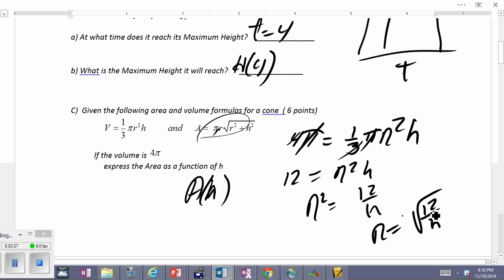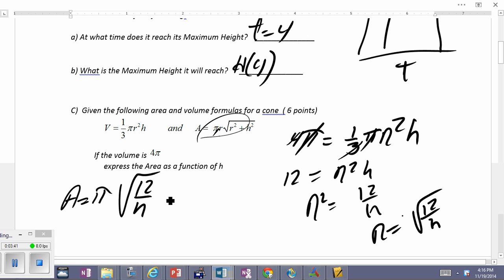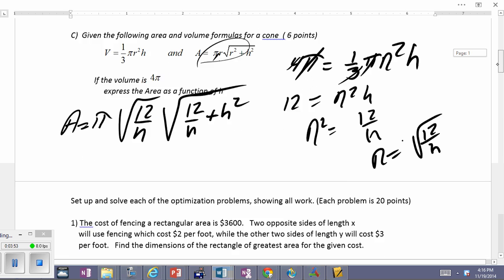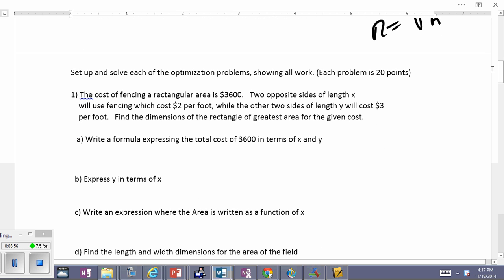It looks like we have in our area formula both r and r squared. So area is equal to pi r, which is the radical of 12 over h, times the radical of r squared, which is 12 over h, plus h squared. That's fine. We could clean it up, but in the interest of time, I'm leaving it alone.